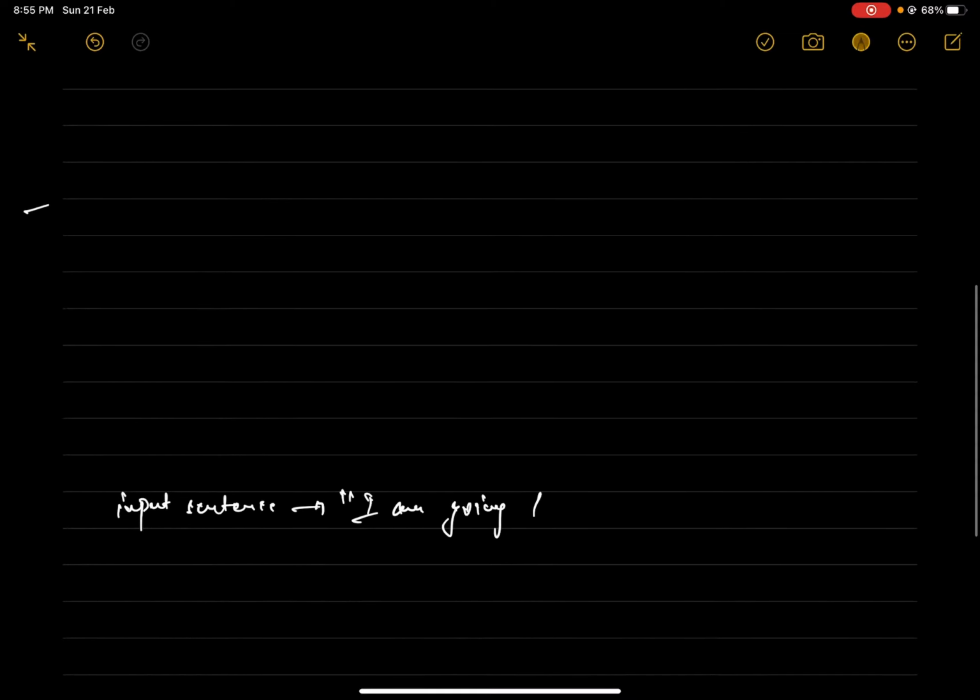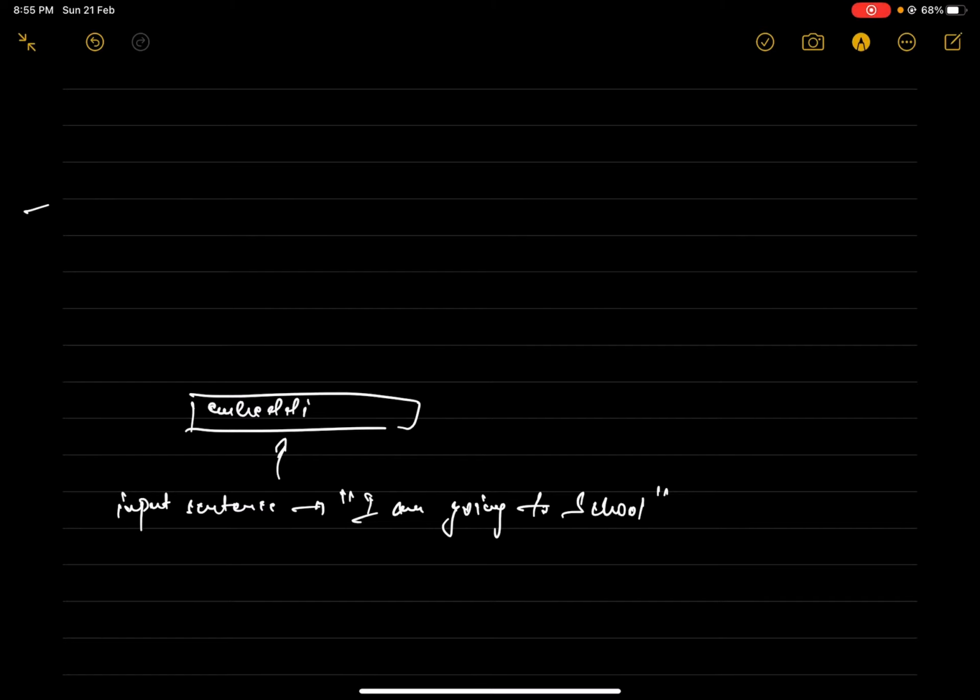In the encoder, the encoder takes the input sentence, let's say it's "I am going to school." Okay, let it be the sentence. Then it creates mathematical embeddings with a simple embedding layer.